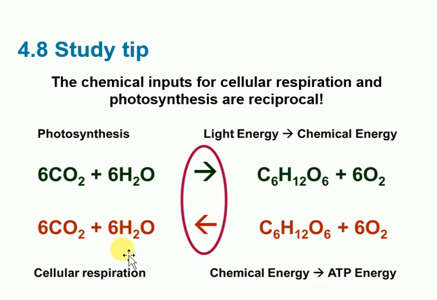So us and the plants, or basically anything that can do photosynthesis, but mainly the plants, are complementing each other. We break down the glucose into carbon dioxide and water. Plants take the carbon dioxide and water and build it back into glucose. I'm saying glucose for simplification. It's not just glucose, it's other things.